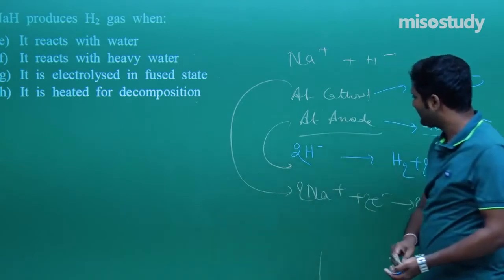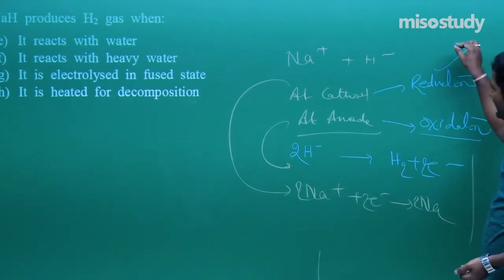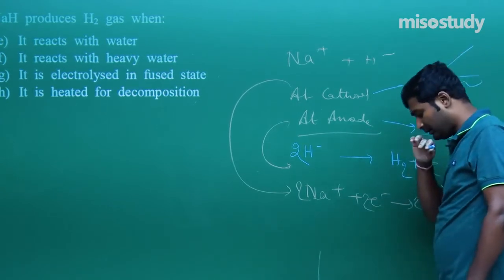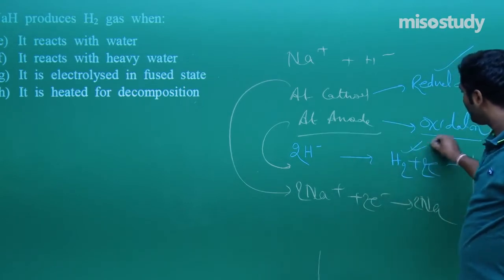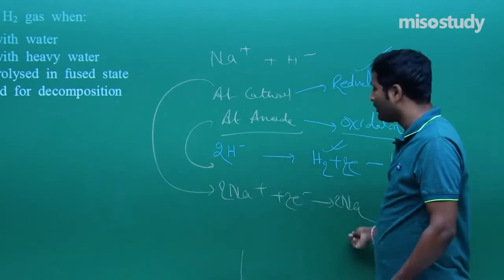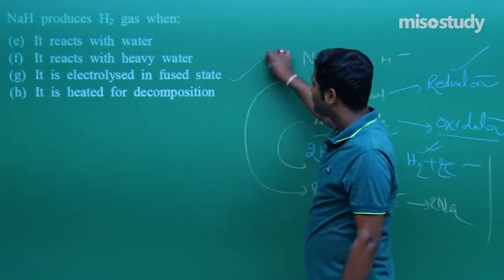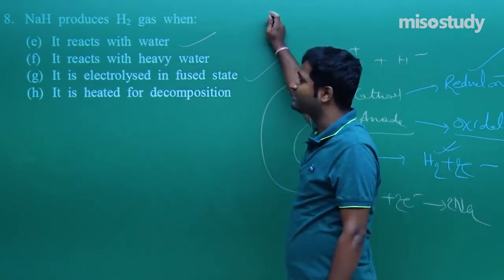So at cathode we get sodium, and at anode we get H2, oxidation takes place. So NaH gives H2 by electrolysis in fused state, and when reacted with water it gives NaOH plus H2.